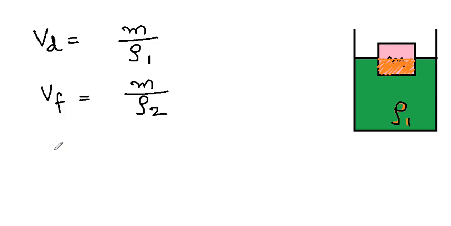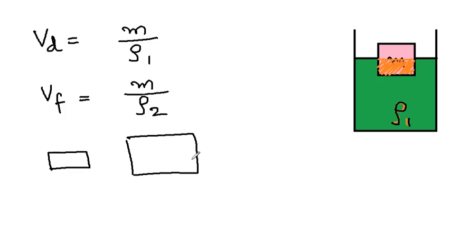Assume that the displaced volume was only this much. This was the displaced volume. And if melting produces a larger volume, then this larger volume needs extra space. So the liquid level will increase to accommodate that much space.